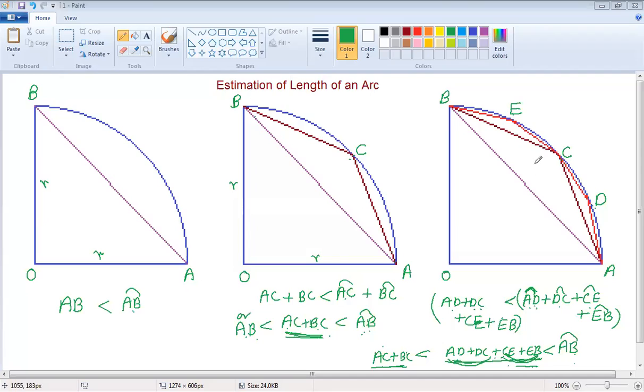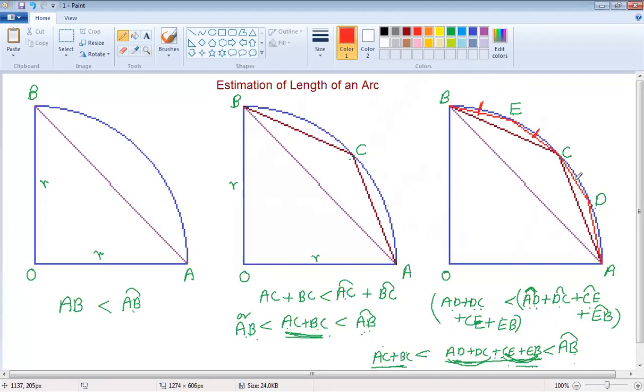So what I want to say lastly in this topic, this is only one topic for today. There are more, but this is the main thing. If we make 8 parts of the arc AB, then the sum of the 8 straight distances, we can show like this.